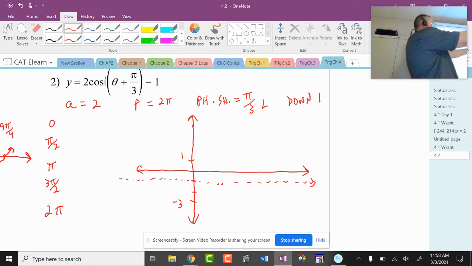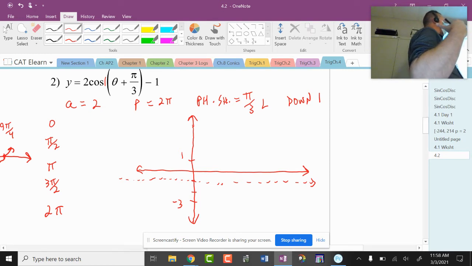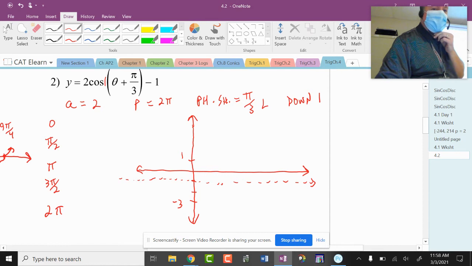Actually, I went the wrong way. Am I going pi over 3 to the left? What do I do with pi over 3? Do I add or subtract? I'm glad I re-asked that. All right, because now we got that correct. It's so weird. It says plus pi over 3, but that means you subtract these x values before you put them on the graph.